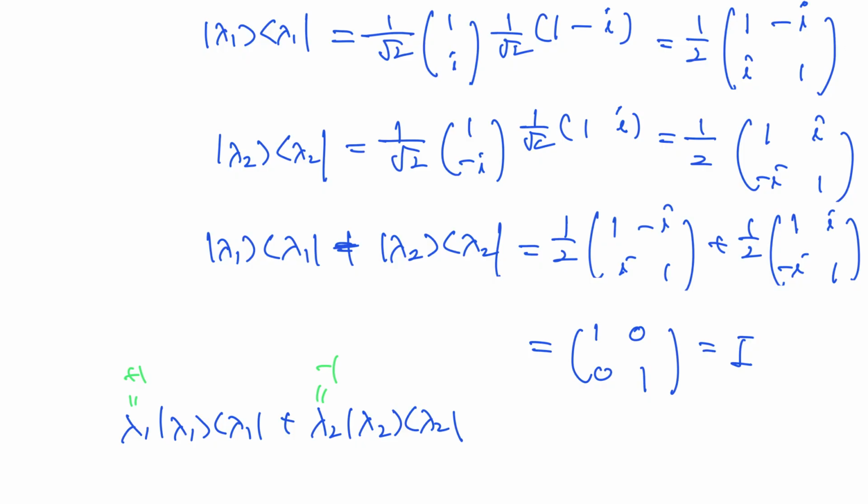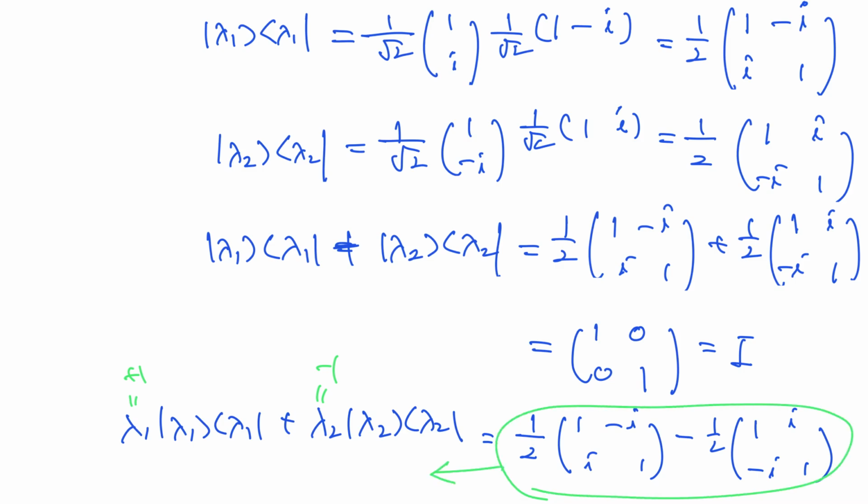Then what happens is 1/2 (1, -i, i, 1) minus 1/2 (1, i, -i, 1), which is actually (0, -i, i, 0), right?